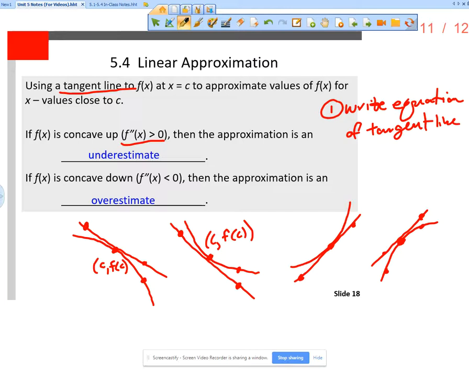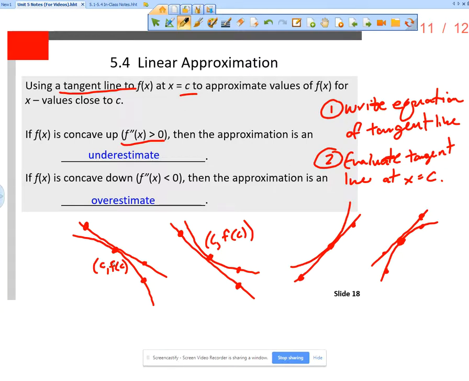Write the equation of the tangent line, and then we're going to use x equals c to approximate a value of f. So what we're going to do is evaluate the tangent line at x equals c, and that's going to give us our estimate.